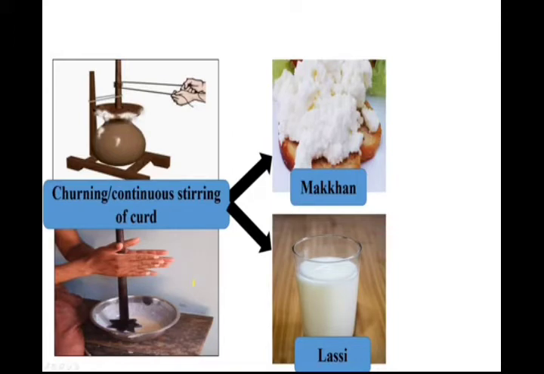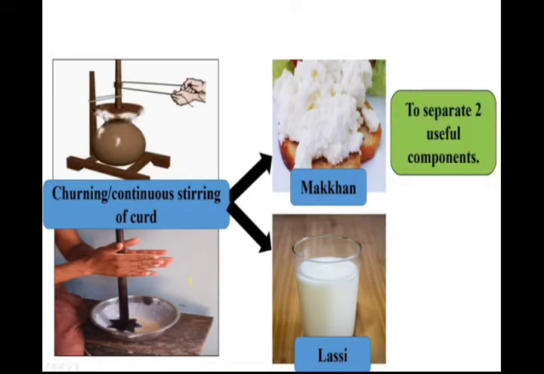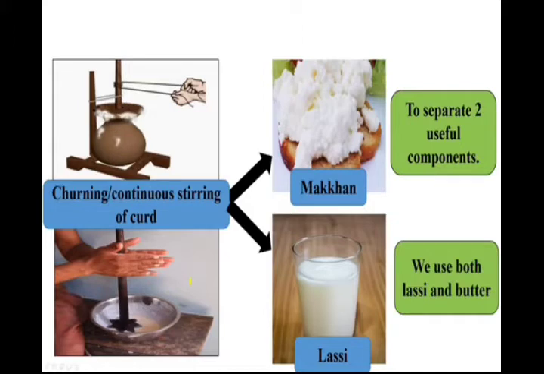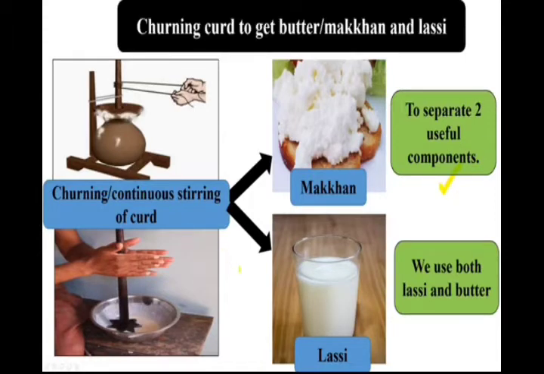Both makhan and lassi are separated after churning. Both are useful components which are required. We have butter and we have lassi. For that, this separation is very essential.